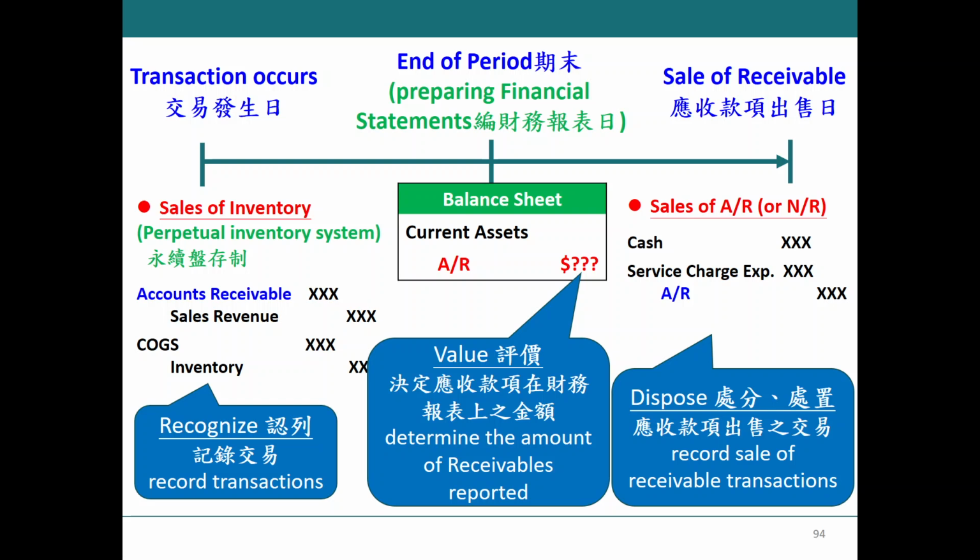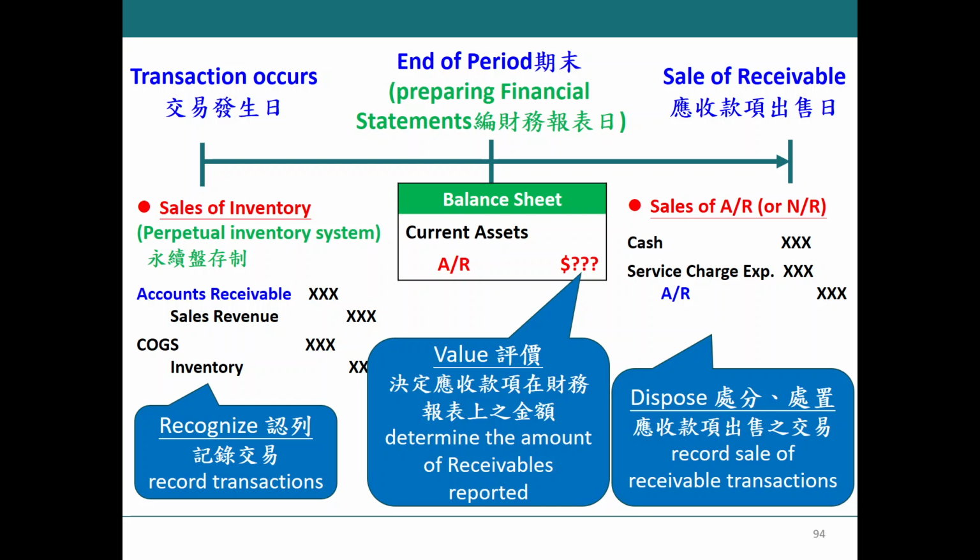So you earn the revenue, and at the same time we have accounts receivable from chapter 5. Then, the second major issue: when we want to prepare financial statements, we should recall customers still owe us money, right? So which method do we use to report our receivables on our financial statements?